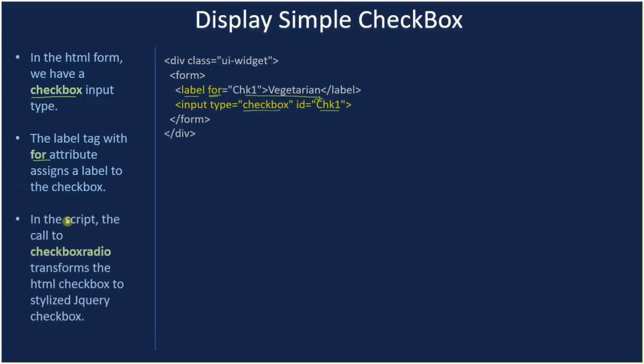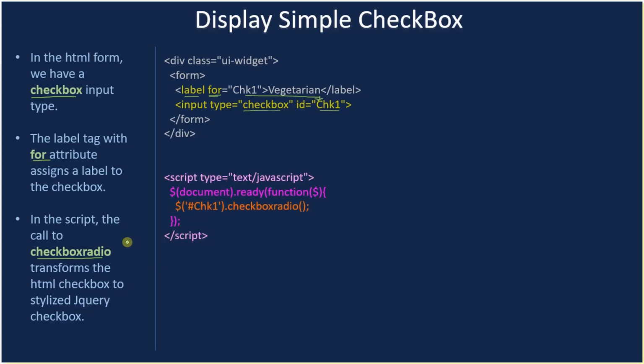In the script, in the sense, here we are talking about the JavaScript that is accessing the jQuery UI API. In the script, the call to checkboxradio transforms the HTML checkbox to a stylized jQuery checkbox. And if you see, this is our script tag open and the script tag is ending.